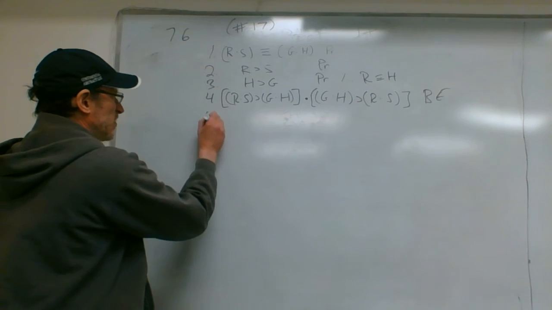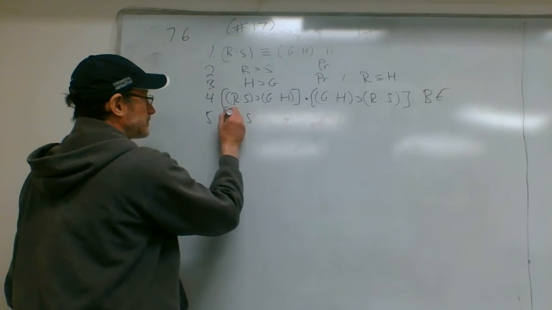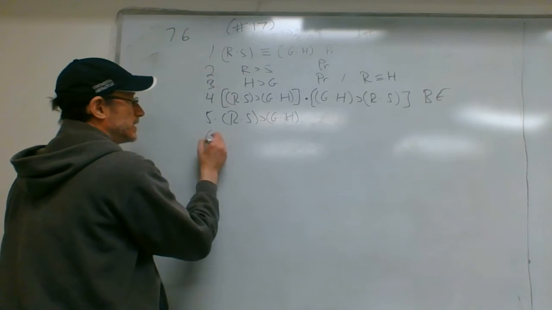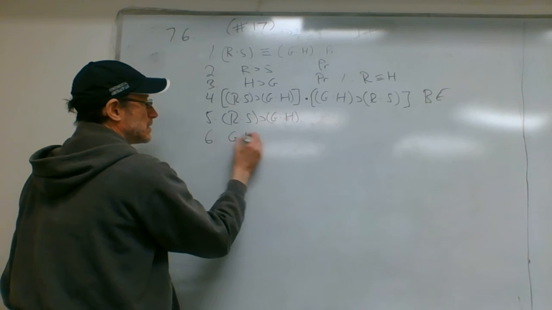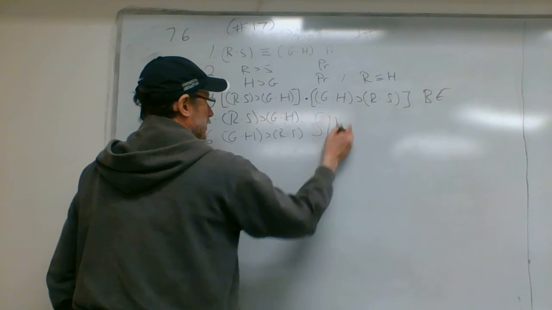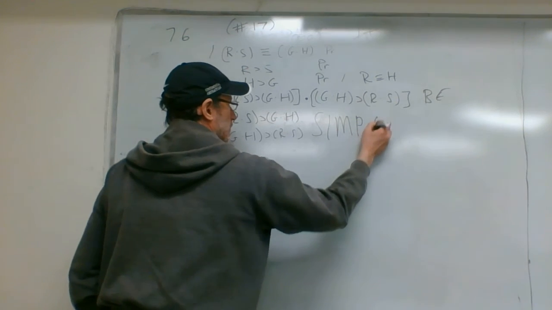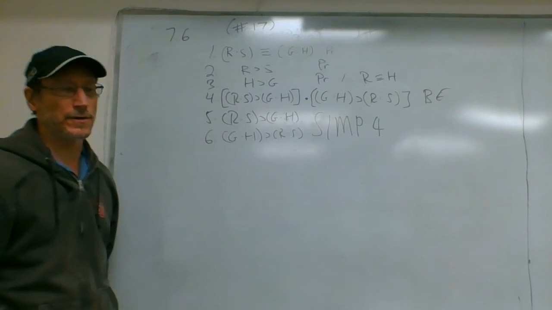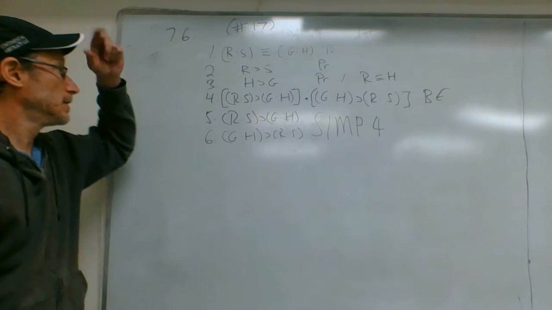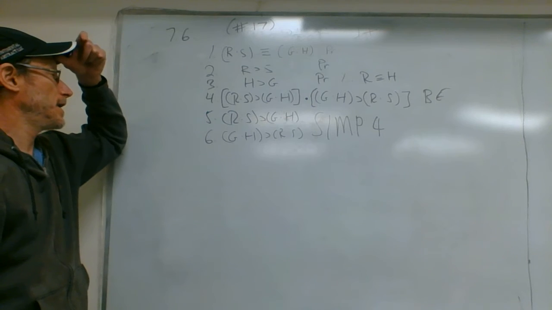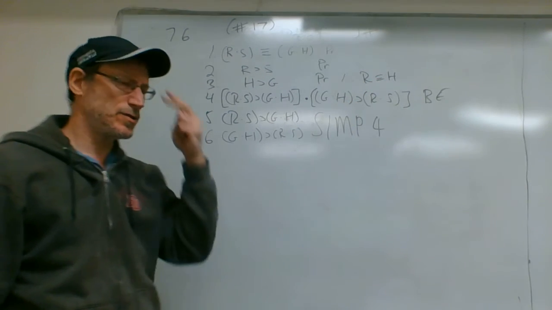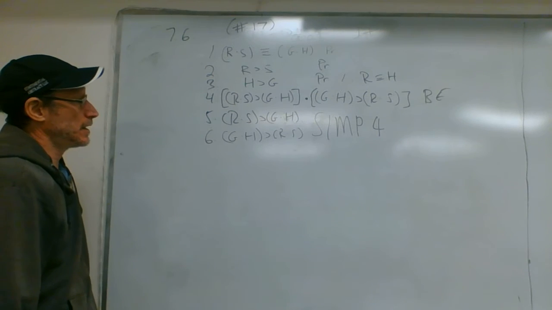Now we break that down, separate it out into its two parts. This is going to be simplification on 4 for both of those steps. Okay, I wrote that big because both of these are simplification on 4. Okay, and now what we're trying to prove is R biconditional H. So how are we going to do that?